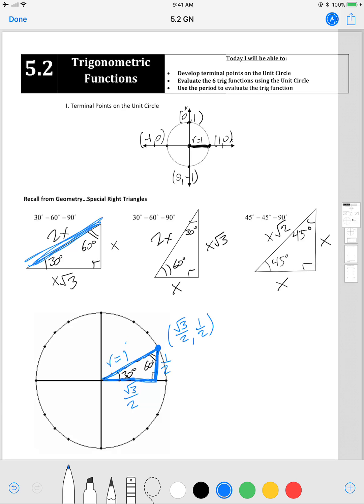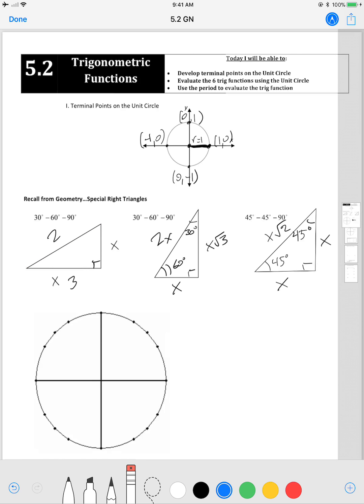And we can do the same thing with our other special right triangles. Here, if we want to get this out of the way here. If we want to do the 60-degree triangle here, then again, the hypotenuse is 1 because the radius is 1.